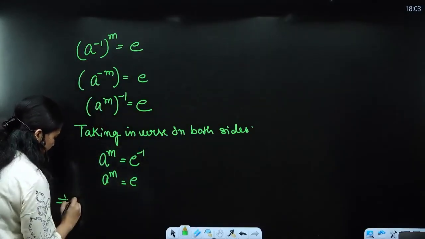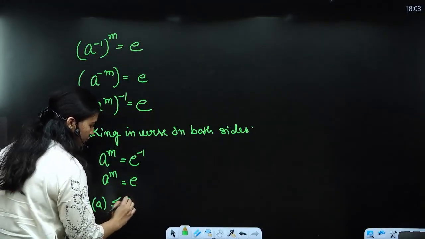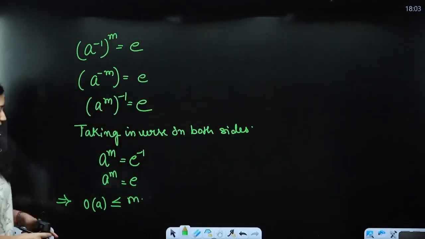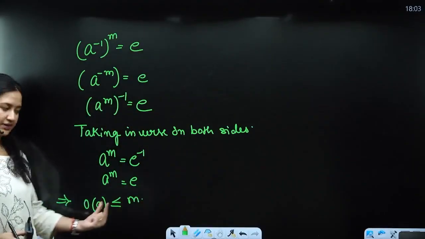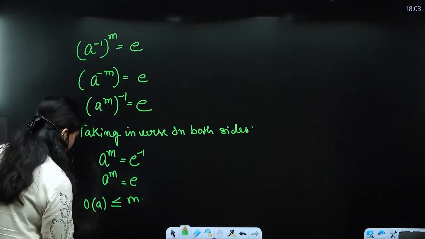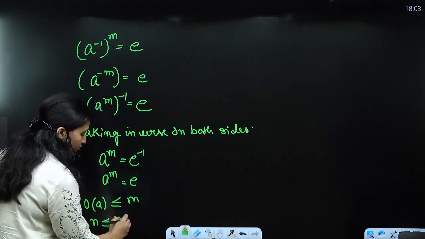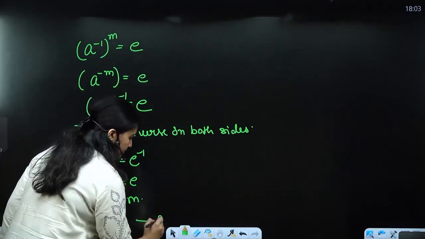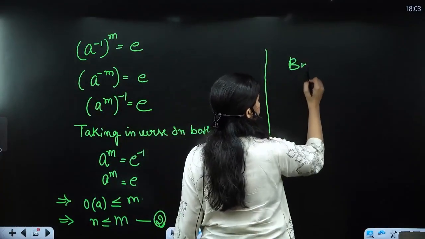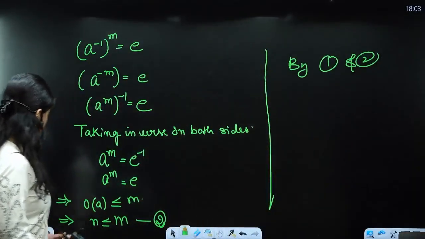So this implies that order of A is going to be less than or equal to m, right? A raised to the power m is also equal to E, so that means order of A is going to be less than or equal to m, and this implies that n is less than or equal to m. So this is equation 2. Now by 1 and 2 I can say, what was the first equation?